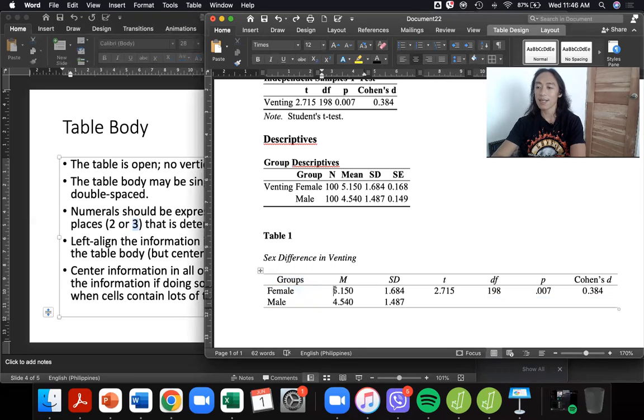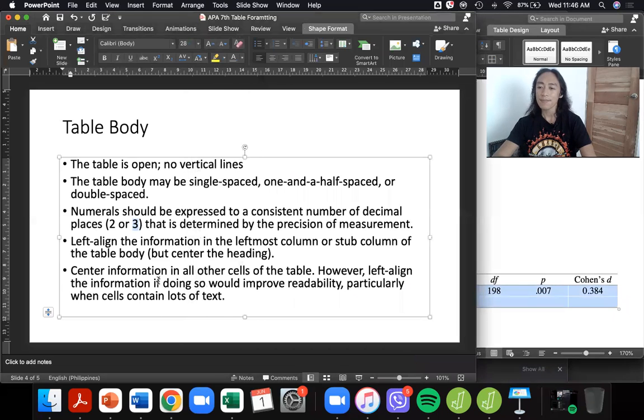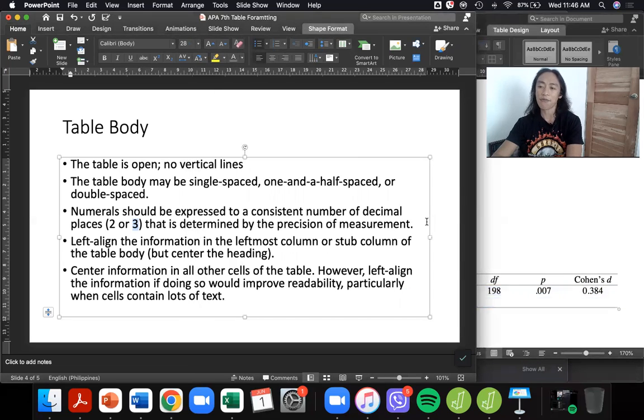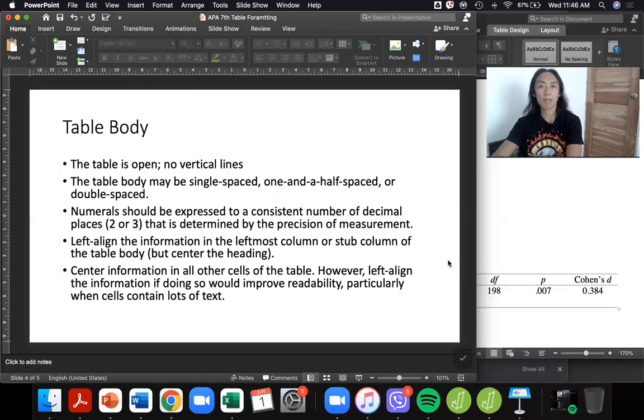And if we check here, are they centered? So you can see that they are centered. However, left align the information if doing so would improve readability, particularly when cells contain a lot of text. But I think this is fairly readable, so there's really no need to left align some of them. So centering them is sufficient, and that is basically the default for formatting the table.